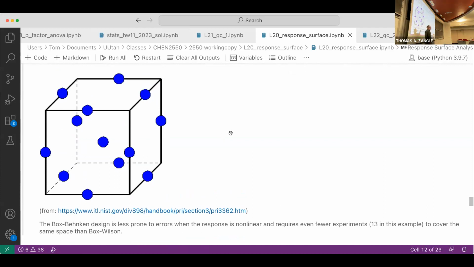So if we have some optimum lurking in there, then that implies that there's some kind of nonlinearity, and we're going to tend to do pretty well with the Box-Behnken design. And in this case, it requires even fewer experiments, only 13, than the Box-Wilson cube plus star design. So it's even more efficient. And that's why Box-Behnken design is often used.